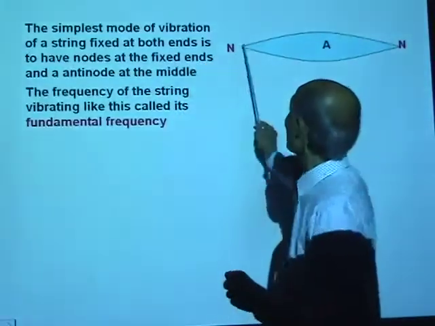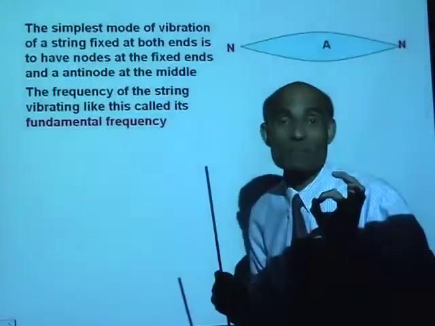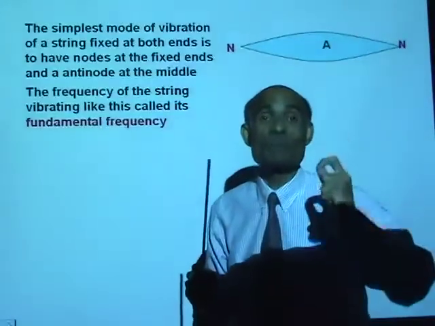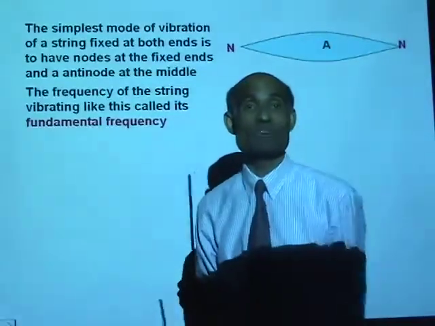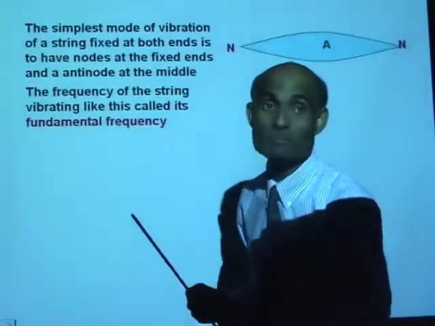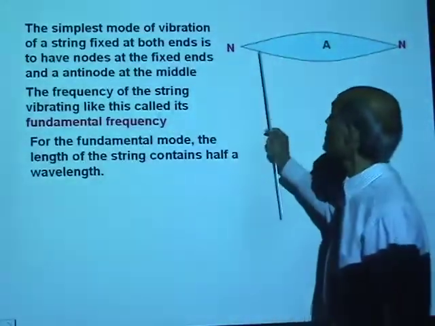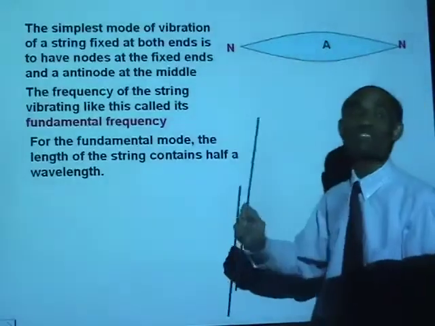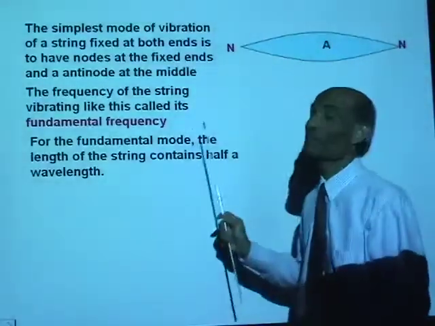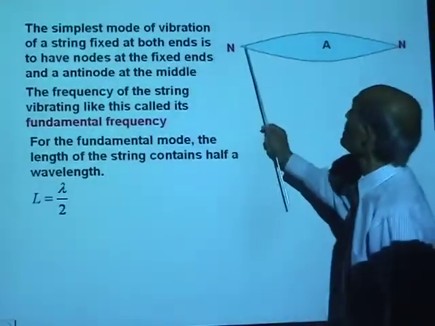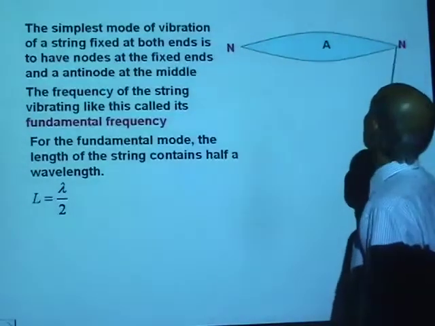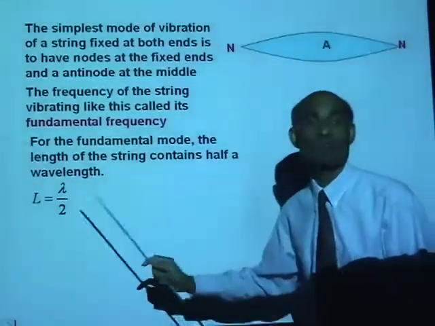So, when the string vibrates in one segment, the frequency of vibration is the fundamental frequency. Okay? For the fundamental mode, the length of the string contains half a wavelength. That means this length from here to here will be half of a wavelength.